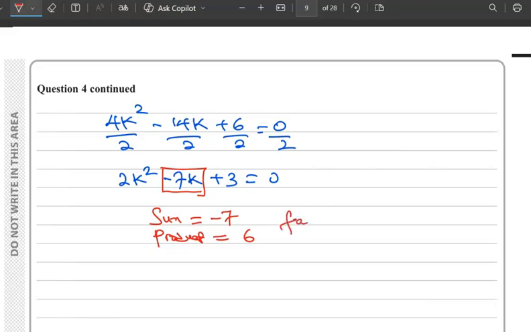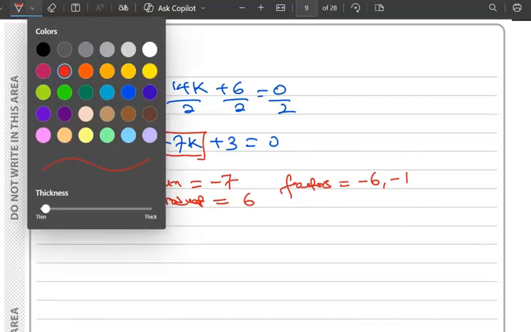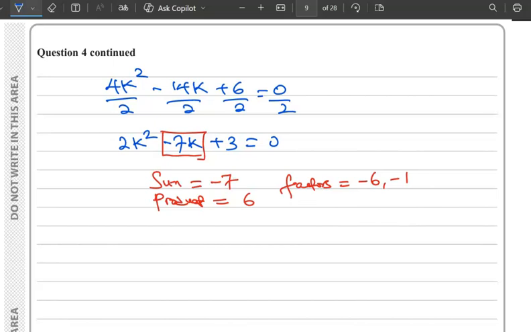So the factors in question can be negative 6 and negative 1. So negative 7k, we can split it so that we'll be having 2k squared minus 6k minus k plus 3 equals 0.